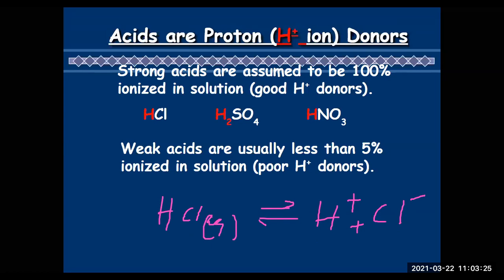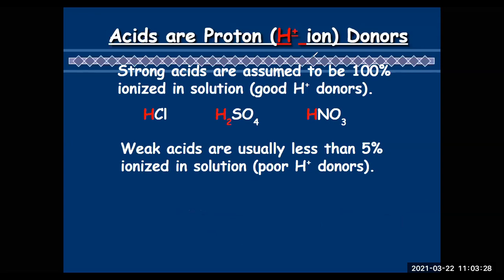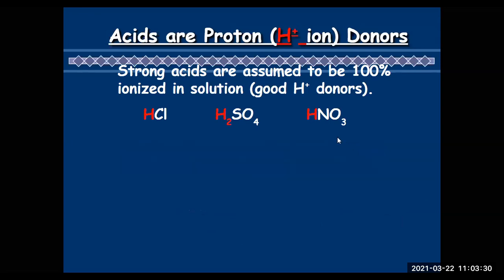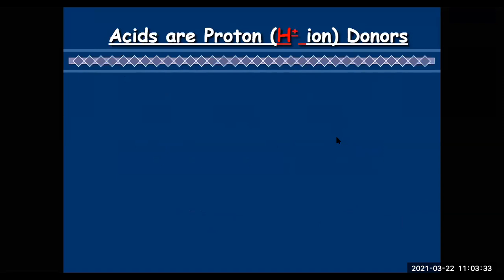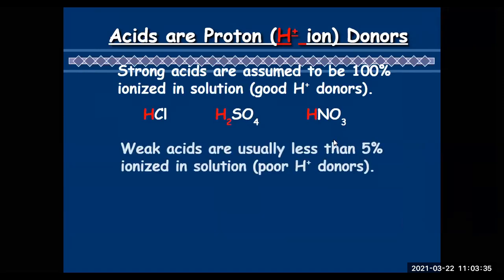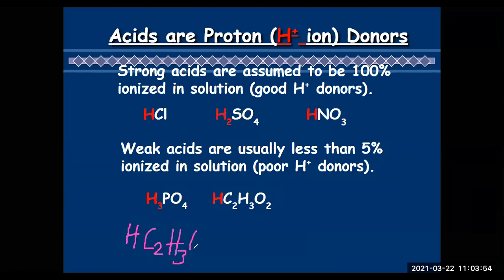Okay, now when we say something is partially ionized, like 5% ionized, let me use an example here, like H3PO4 or H2CO3, this is a carbonic acid. So when this is in solution, let me use this HC2H3O2, which is vinegar, a common one, ethanoic acid. When this one ionizes, it's not completely 100% ionized.